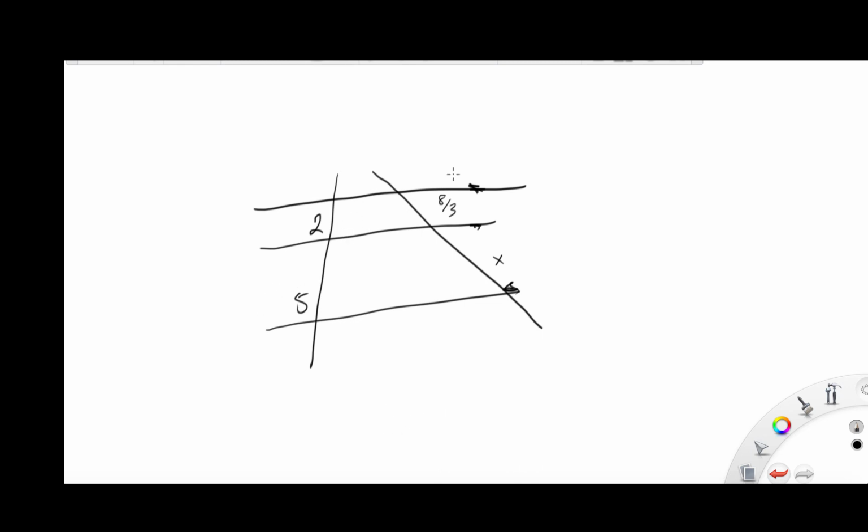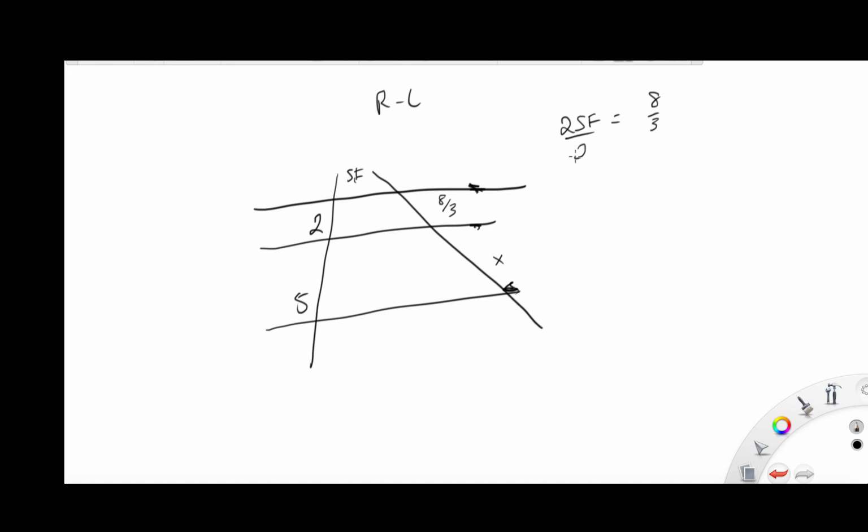In order to find this, I'm going to use the right to left method because that just makes sense. Because I read that way, I think that way. So what I like to do is remember that scale factor is right here. So I can say 2 scale factor equals 8 over 3. How do I get scale factor by itself?